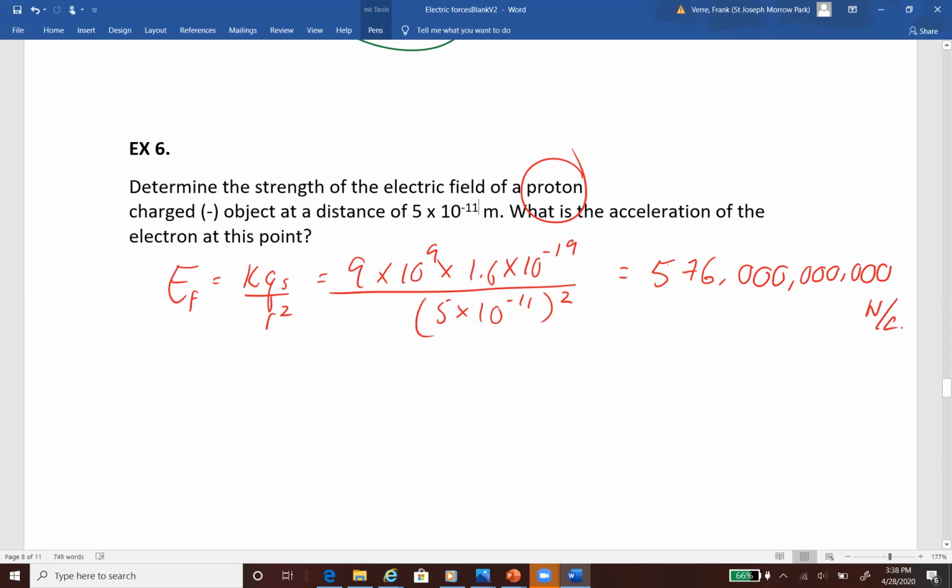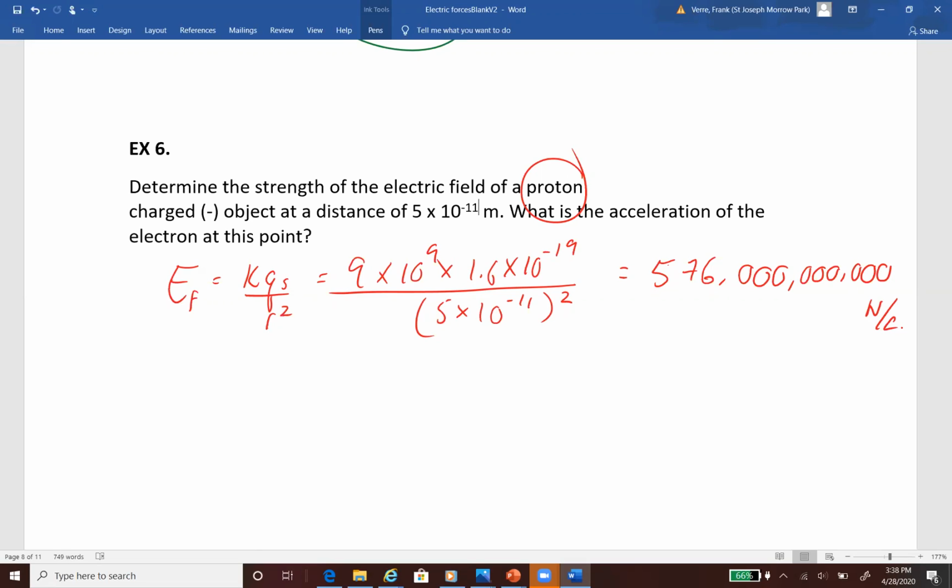Because I don't know what's going on with my computer. Yeah, I got the same thing, sir. Got the same value? Yeah. Okay, so I put in the correct value. That's good. So that's the electric field strength at that distance. That's a very tiny distance, right?